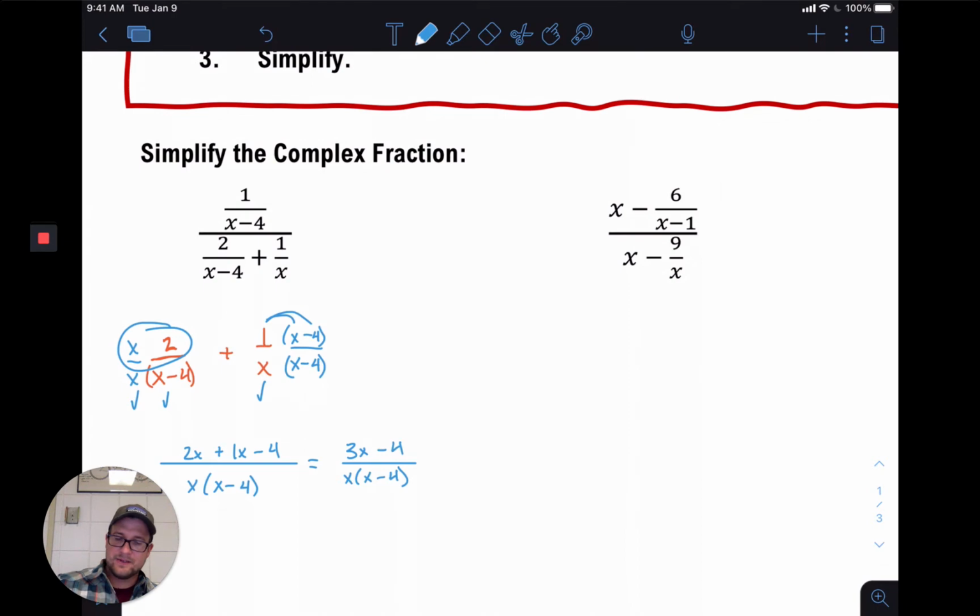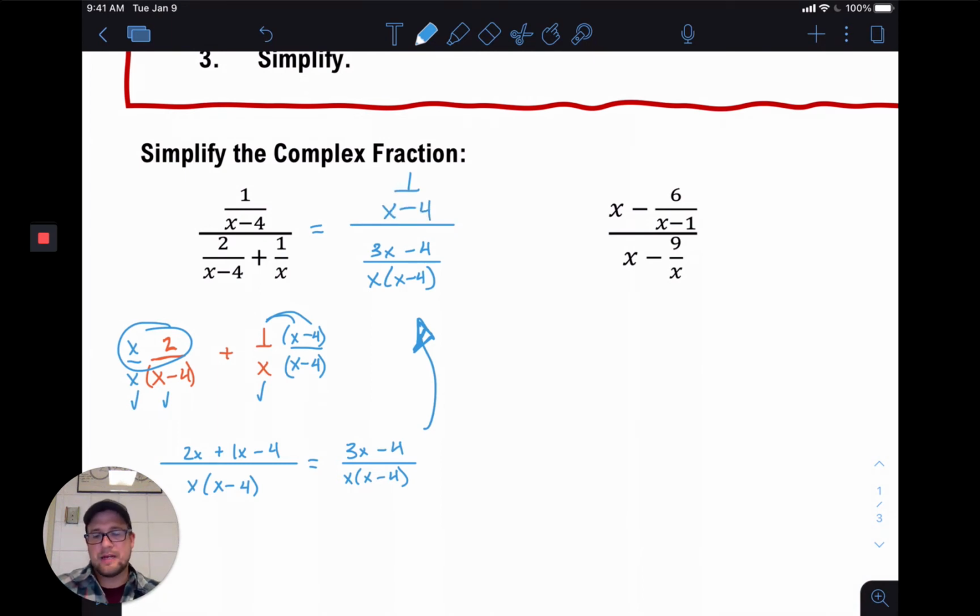Now, this is going to take the place of our bottom fraction. Our top fraction hasn't been changed.